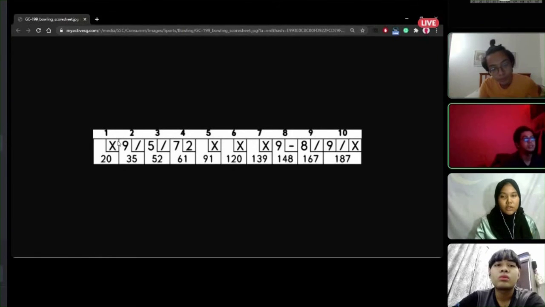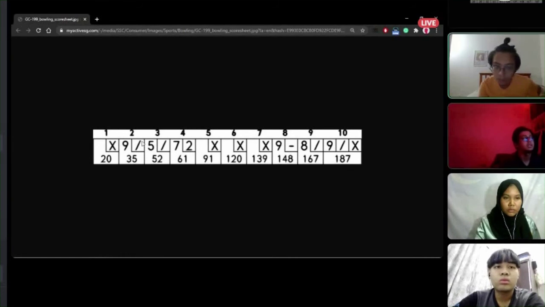Like the example I show here, the player gets a strike in the first frame, and then in the next one he gets a spare. If we add up both, 10 pins and 10 pins, you get 20. But then in the second frame he got a spare, and like I said before, with a spare you only add the first ball thrown in the next frame, which is 5.